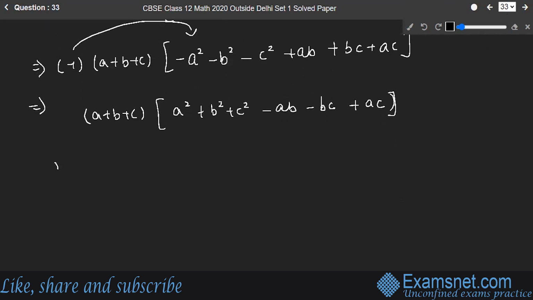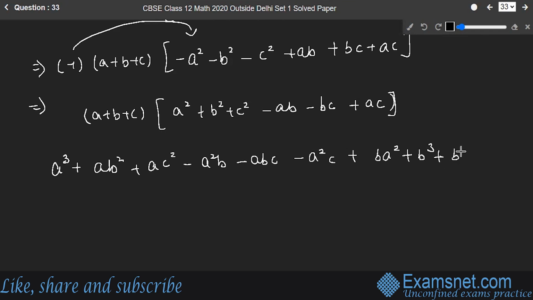I'm going to open the brackets now. So you will have A cube plus AB square plus AC square minus A squared B minus ABC minus A square C, BA square, B cube plus BC square minus AB square minus B square C minus ABC plus A square C plus C plus C cube it was.